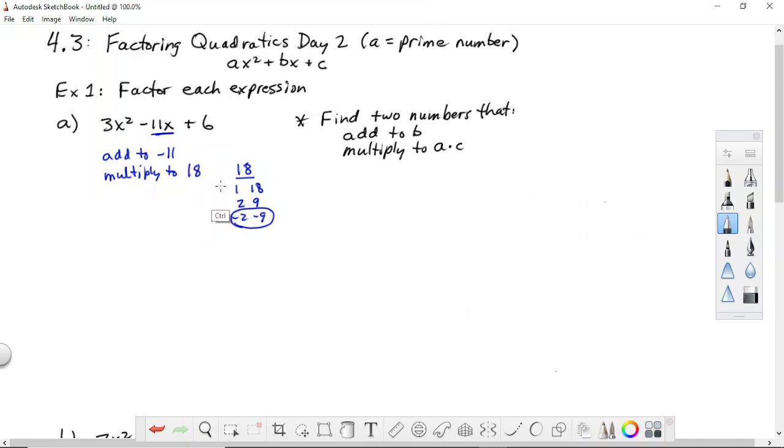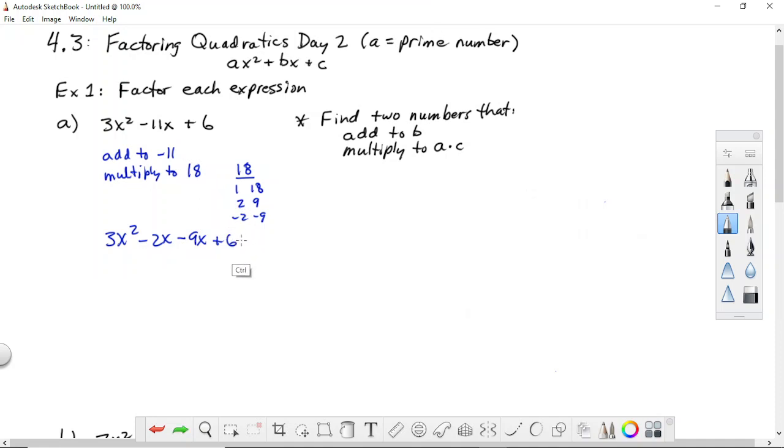Okay, that's why the numbers have to add up to negative 11, is that we're going to split that middle term. So you'll see what that looks like. 3x squared, and then we say minus 2x minus 9x plus 6. So we just rewrote this, and that took the place of the negative 11x, which of course negative 2x minus 9x equals negative 11x.